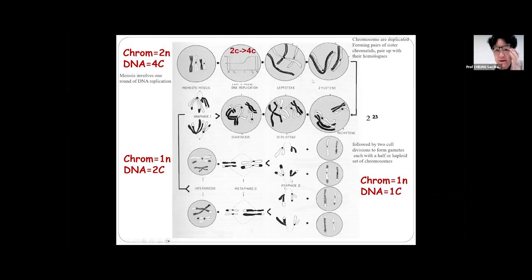And then when you go to zygotene, they pair into a single pair, and these we call homologous chromosomes.